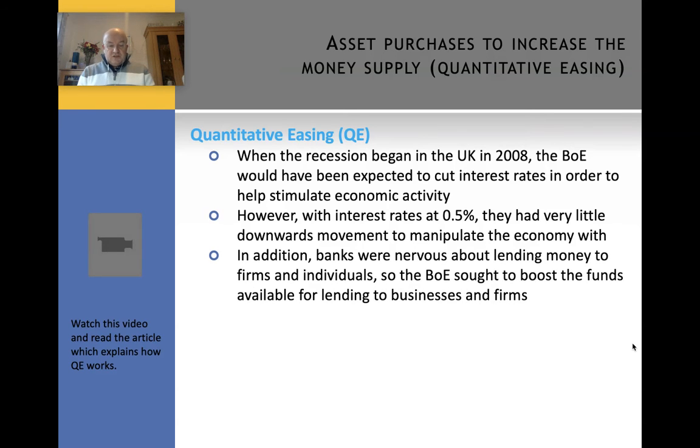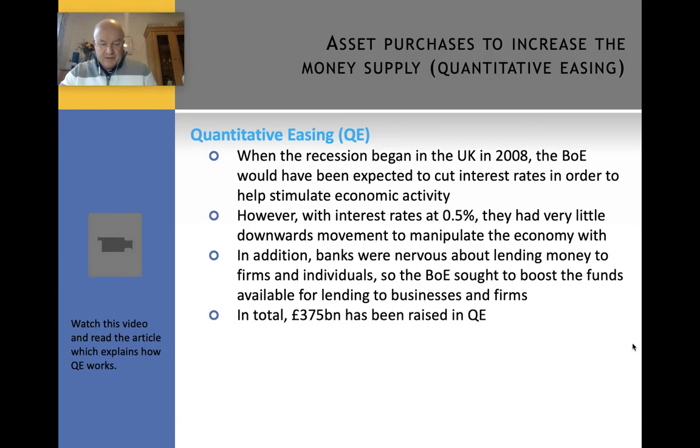In addition to that, another thing that caused that twitchiness was the fact that banks were very nervous about lending money to firms and individuals because they'd been caught very much out by the whole issue of the global financial crisis. And so, in order to step into the gap that was created by that, the Bank of England also sought to boost funds available for lending to businesses and firms, and so effectively quantitative easing was born.